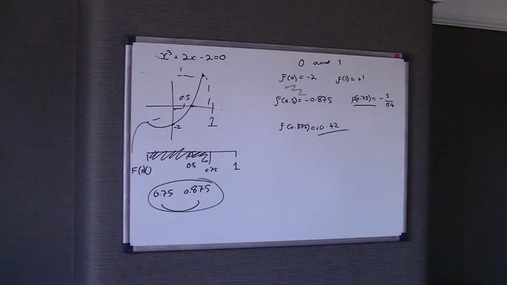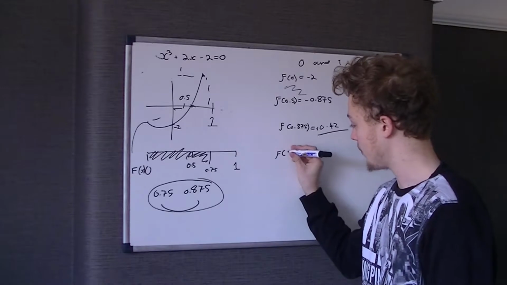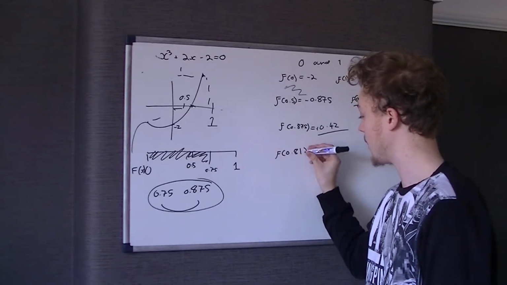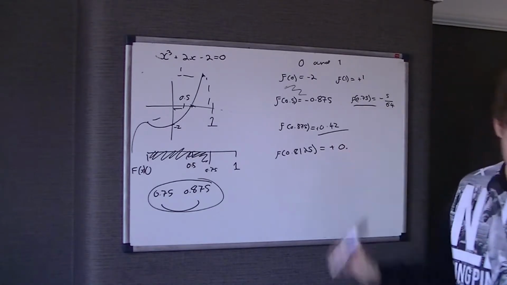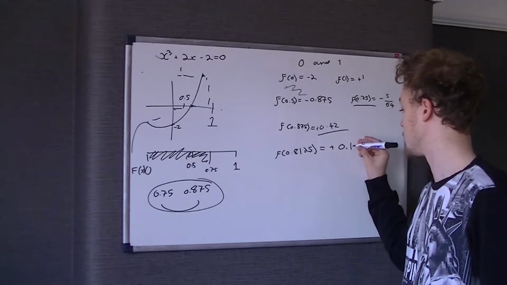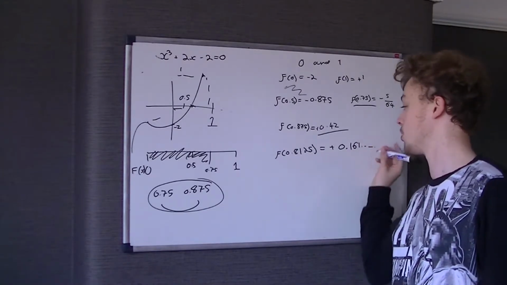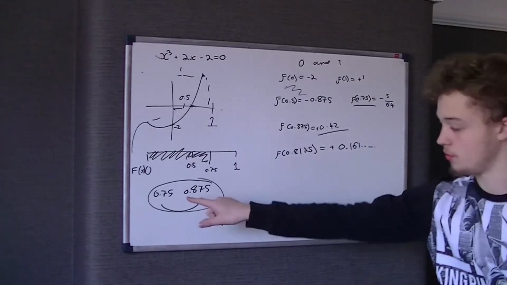So what we're going to do is continue this method of halving it and halving it. If we look at halfway between that range, a good thing to do is f of 0.8125, okay? And if you put that in your calculator, you get a positive figure of 0.016, etc. So therefore, the change of sign is between 0.8125 and 0.75.